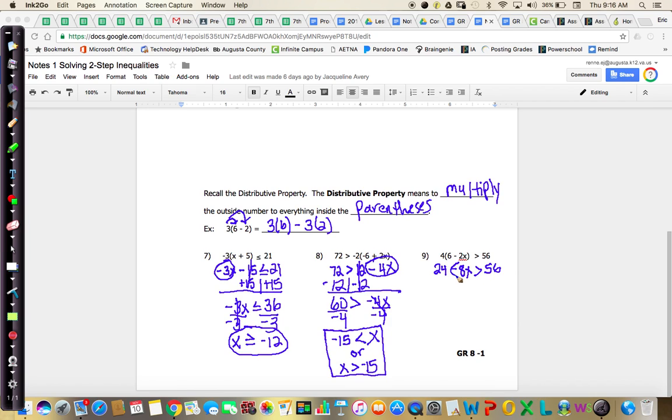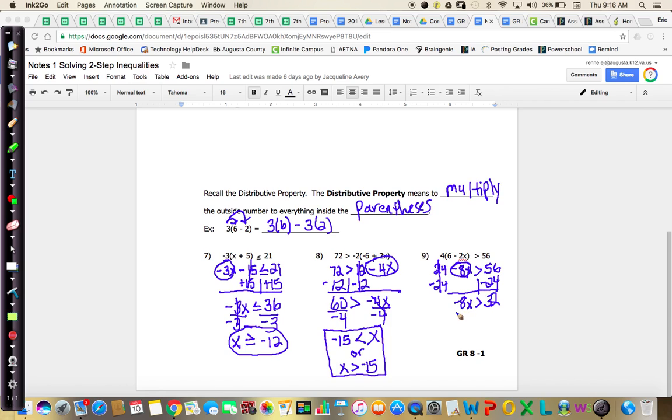So circle the variable, and I'm circling the minus sign that's in front of the variable, and I'm going to draw my t. Now I've got to get the variable by itself, so I'm going to subtract 24 from both sides. 24 minus 24 is 0. I'm going to bring down my minus 8x as negative 8x is greater than 56 minus 24 is 32.